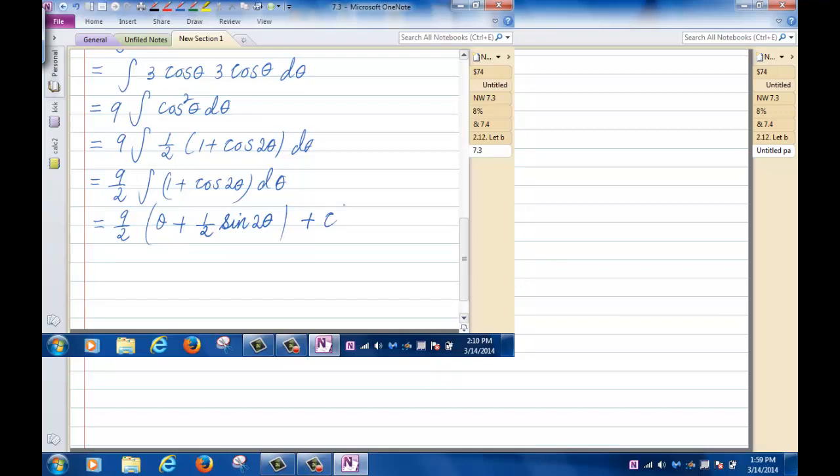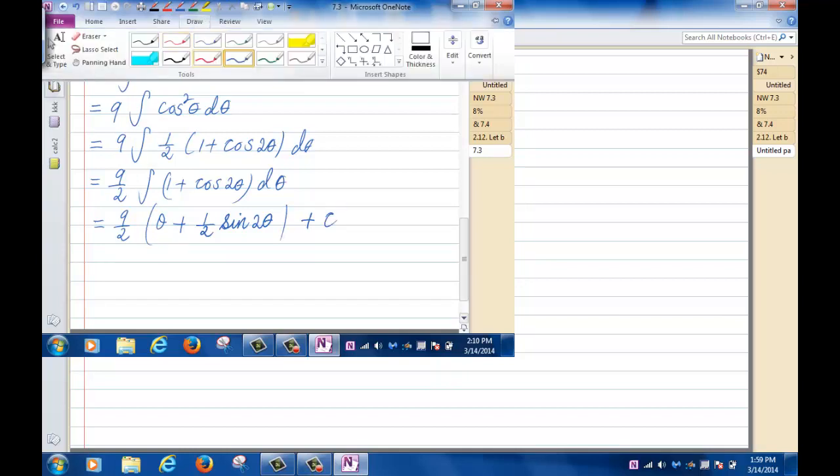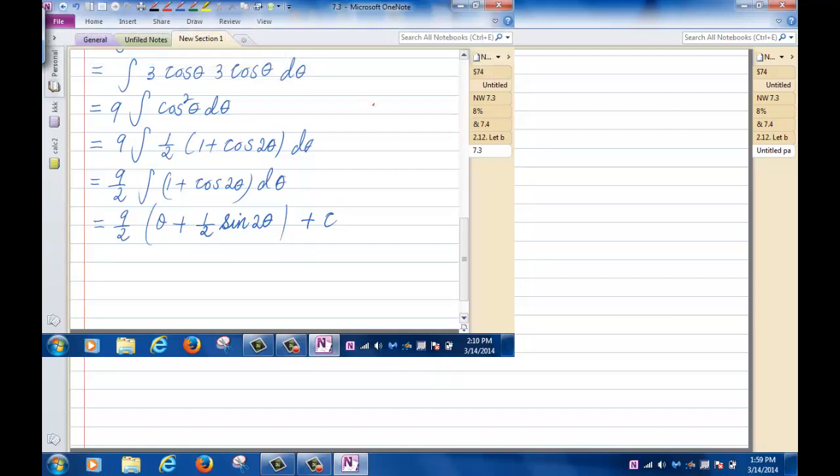Okay, so let me show you where that is coming from. So you're taking the integral of cosine of 2 theta, right? And if I only had theta, this is sine theta, right? So I should do a substitution like u is 2 theta, and that substitution will give me cosine of u, and what is du?